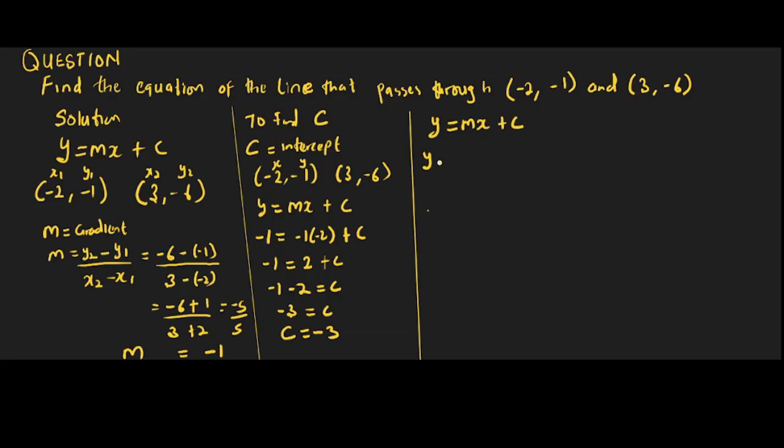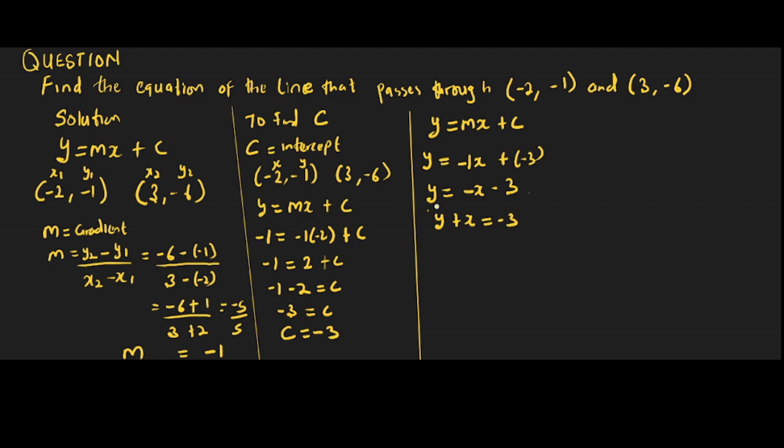Our y equals our gradient, which is -1, that is -1x. We don't need to put the 1, so -x plus our c, which is -3, is going to be y equals -x minus 3. So we can have this as y plus x equals -3.